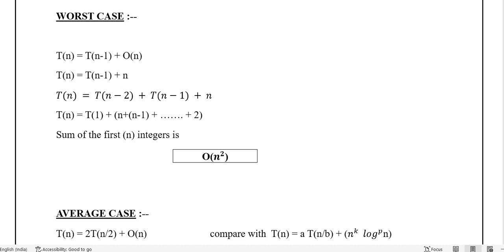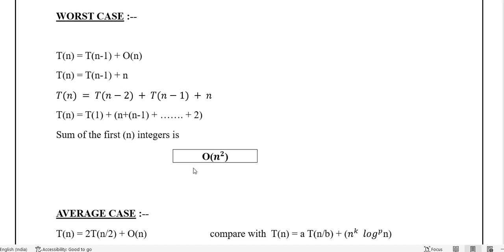The worst case is not good. Here the recurrence relation is T(n) = T(n-1) + O(n), which is T(n) = T(n-1) + n. Using the substitution method for the values, we get the sum of n integers, and we know that formula.